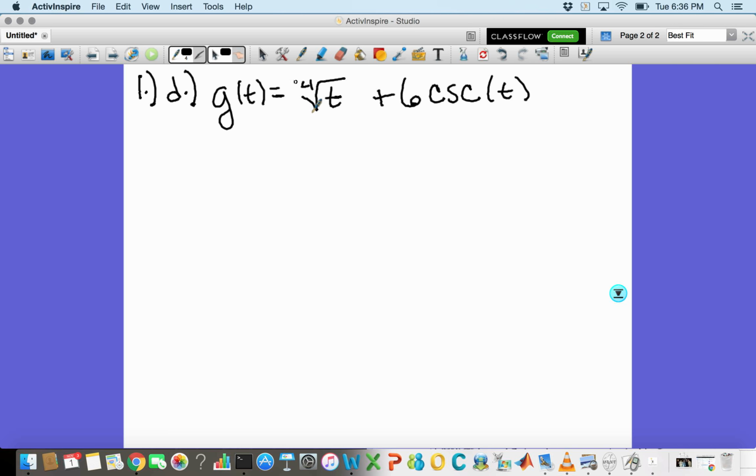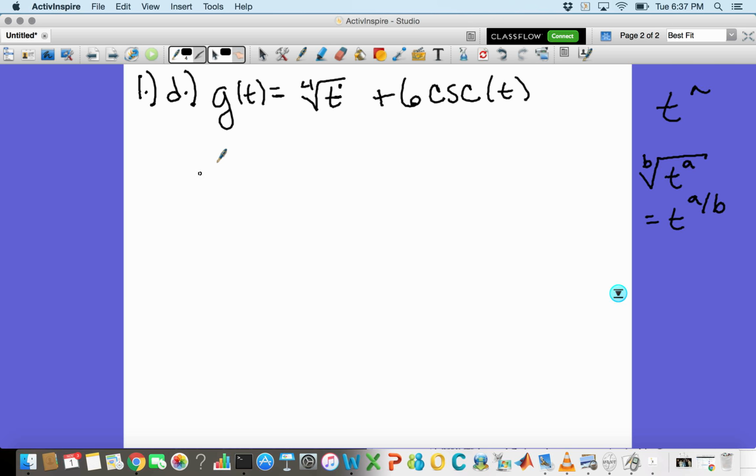So before I take the derivative of this, I want it to look like t to some power of n. This is to the first power on the inside, and I know that if you have t inside of a root, and it's to the a power and the b is the root, then you can write that as t to the power of a divided by b.